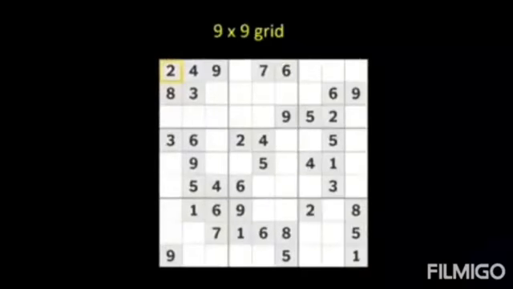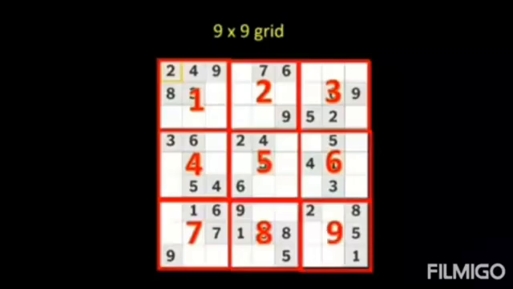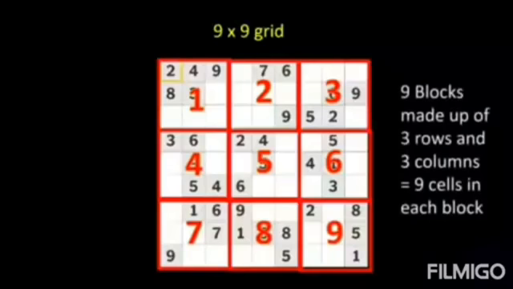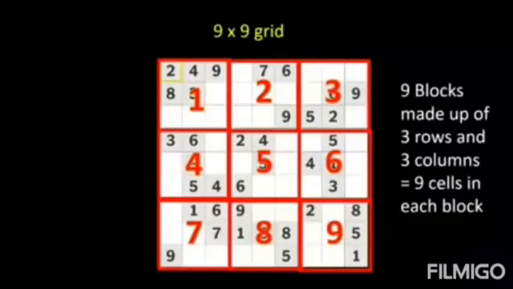When we look at entire 9 by 9 grid, we see it is made up of 9 such 3 by 3 blocks. 1, 2, 3, 4, 5, 6, 7, 8, 9. All these 9 blocks are labeled here. Each block is made up of 9 cells.